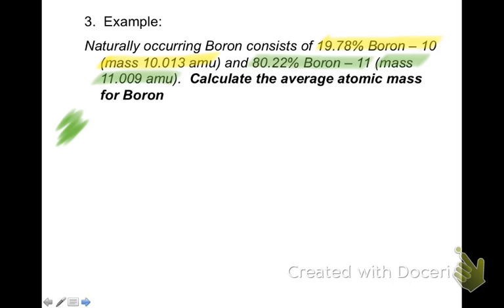So boron-11, we're going to take its percent abundance in decimal form. So that is 80.22, but divided by 100, it will be 0.8022. And we're going to multiply that by its mass, which is 11.009 AMU.